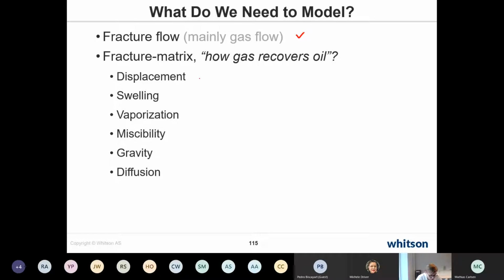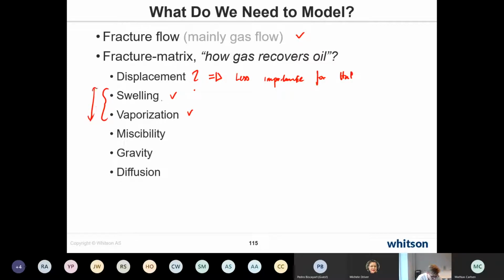One of them could be displacement, but as we have discussed, and what you'll also be convinced of after this course, this is of less importance for huff and puff. One reason is just the nature of that process, but it's also based on simulation results, and we'll look at that. The PVT phase behavior part is very, very important.